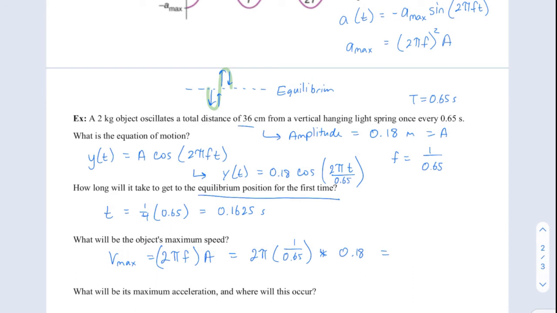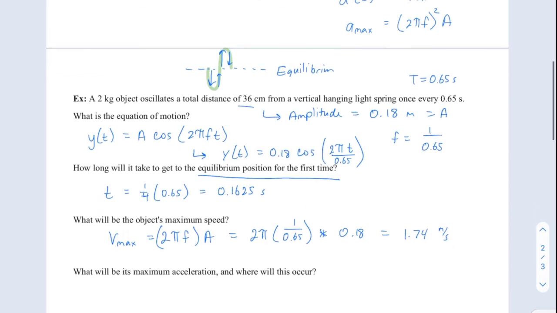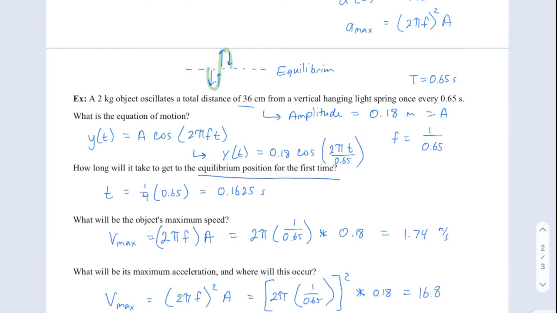That comes out to be 1.74 meters per second. And then the maximum acceleration, that relationship was 2 pi f squared times the amplitude. So 2 pi times 1 over 0.65, that whole quantity squared, multiplied by my amplitude, comes out to be 16.82 meters per second squared.